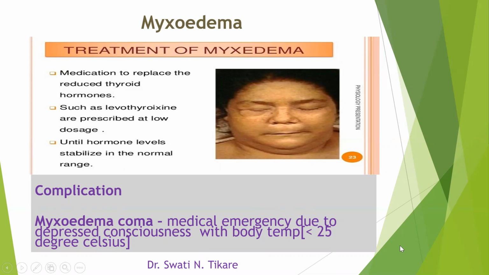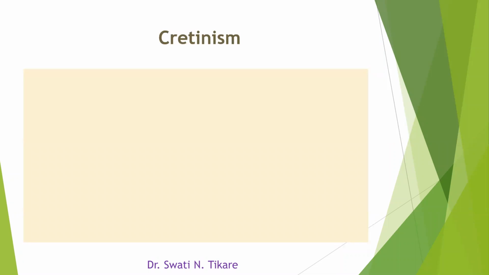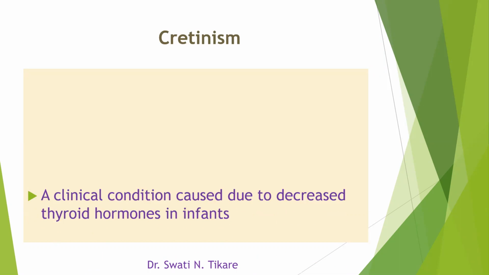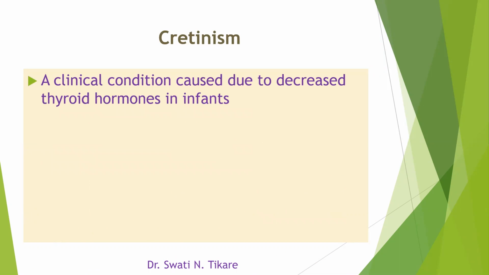So now we have completed goiter and hypothyroidism in adults, that is myxedema. Now let's move to hypothyroidism in children, known as cretinism. Okay, a clinical condition caused by decreased thyroid hormones in newborn infants or children. What are the causes?